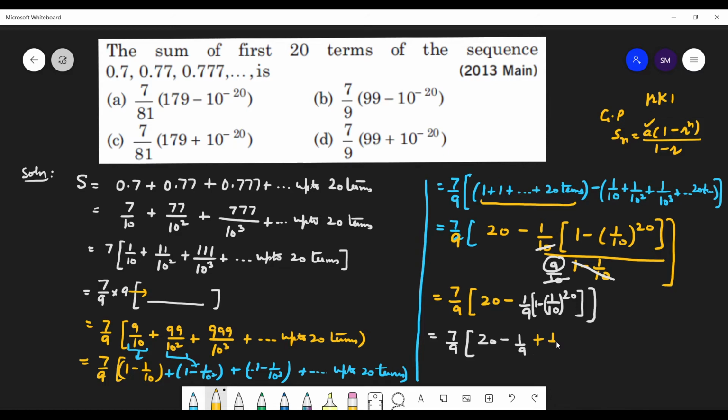Getting the answer? Sir, the two of the terms I have got, but not getting the third term. Okay, try it out. It's quite simple. What's the answer you have got? Option C. Yes, C is the correct answer.